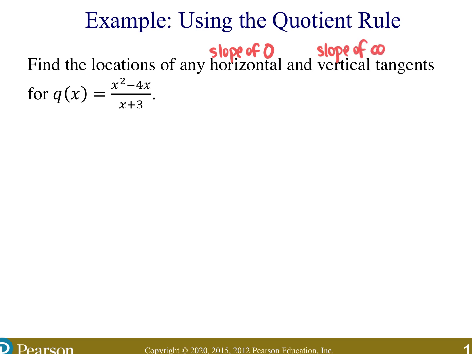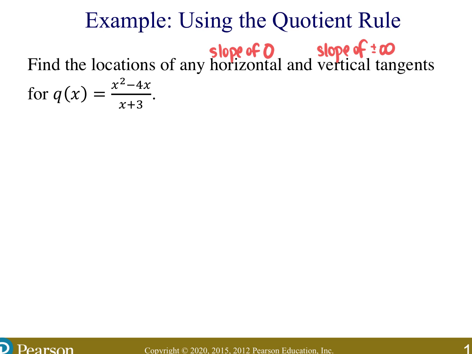It could be plus or minus infinity depending on which direction we're going. If you're coming at it this way, it'll be positive infinity, but if you were coming at it the other way, you'll have negative infinity. So we can specify plus or minus infinity.